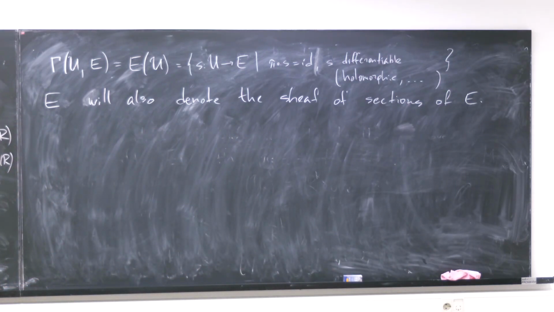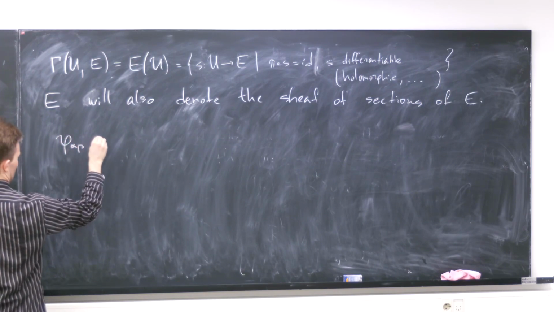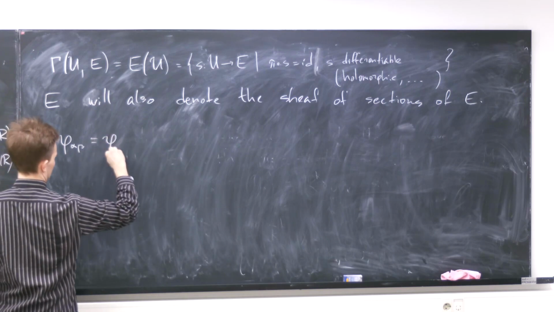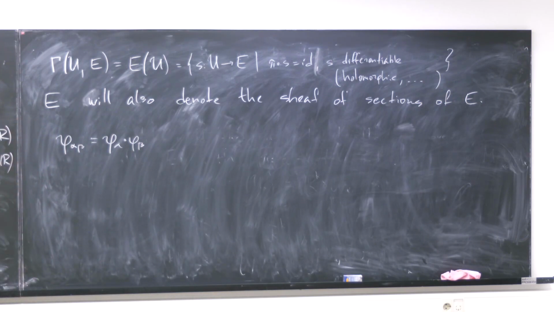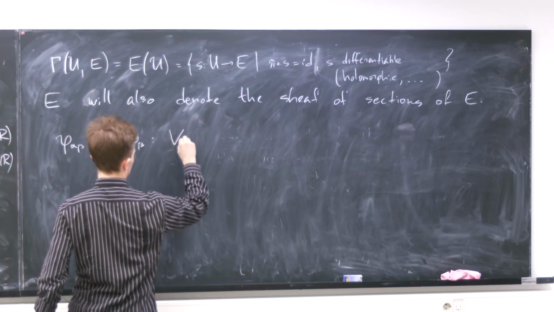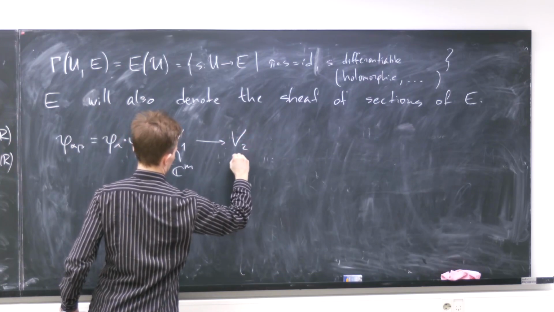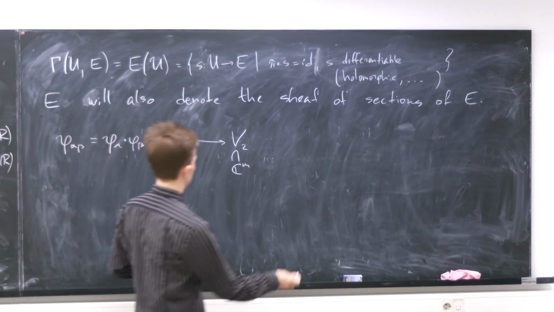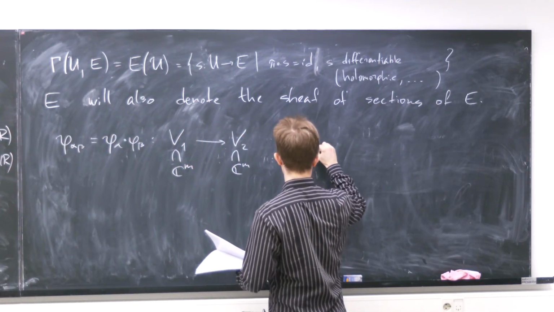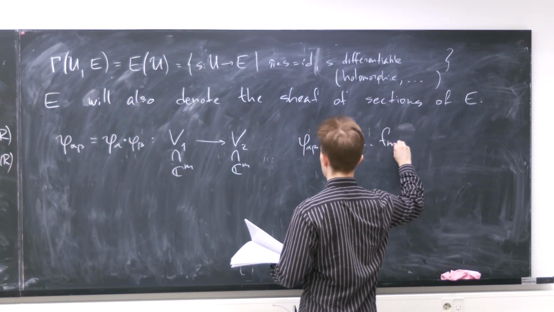Now if we go back to the tangent bundle, we have our transition maps for a manifold M. They were defined like this. These are maps from open subsets in C^m to other open subsets in C^m, and they were holomorphic. Let's denote the components as before, so phi_alpha_beta is given by the holomorphic functions f_1, ..., f_m.